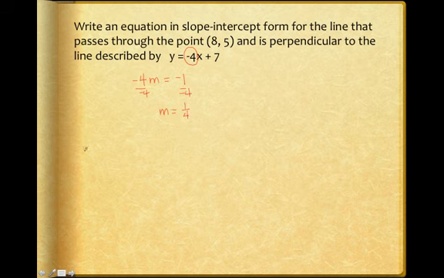So now I have a slope and I have a point. I'm going to use that good old point-slope form. I get y minus 5 equals 1/4 times x minus 8. Go ahead and solve for y.